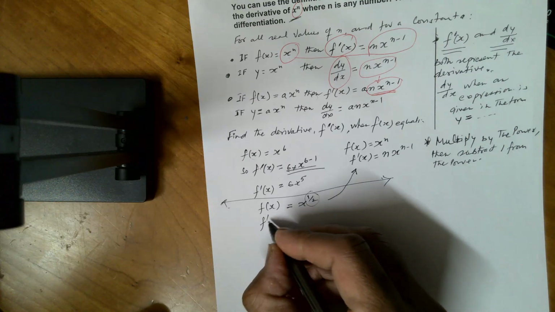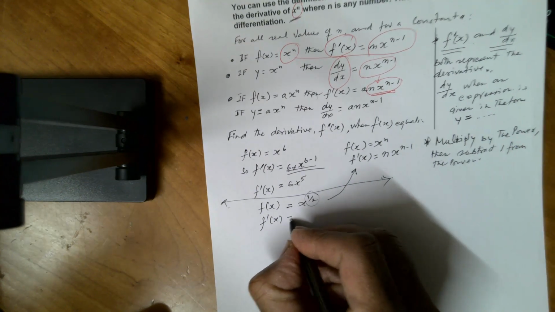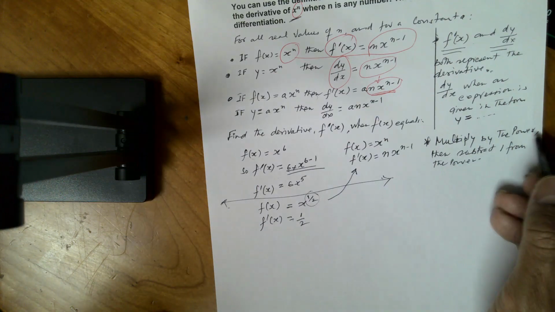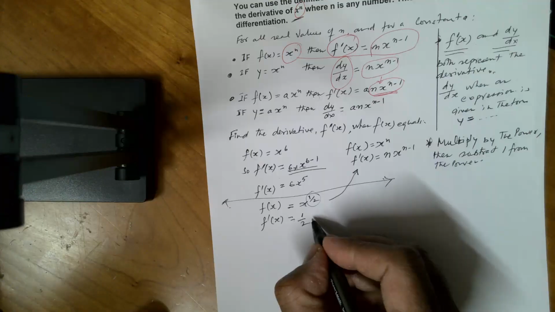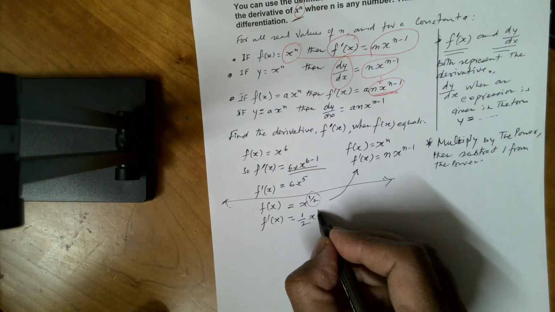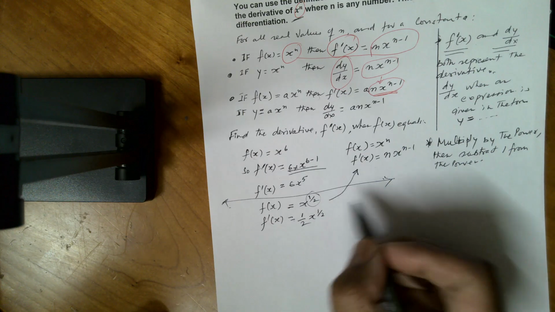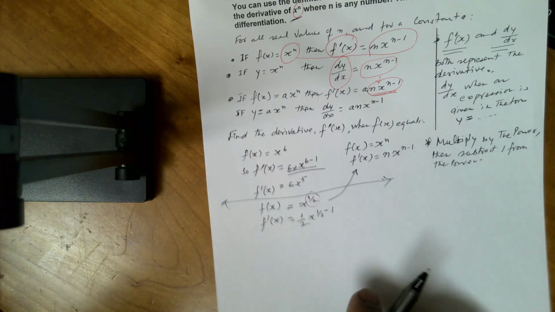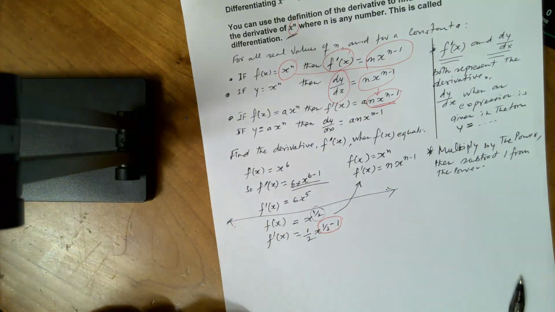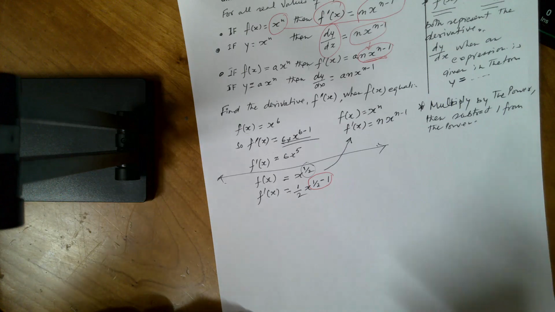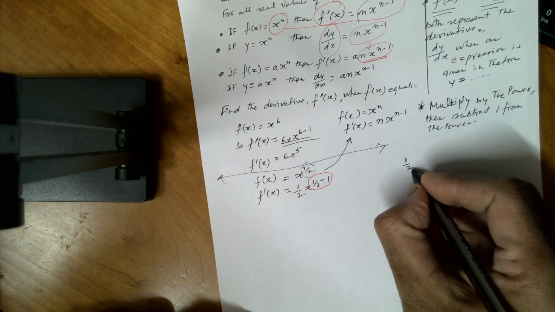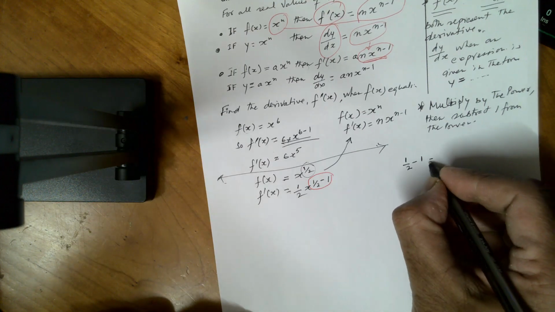So the derivative of that would be: you got half here, so straight away half, multiplied by the power, the power is half, and then you got x. Then subtract 1 from the power. Now you need to solve this.